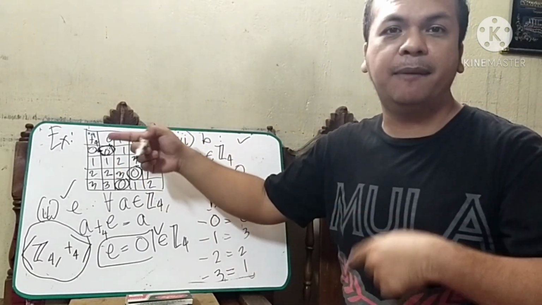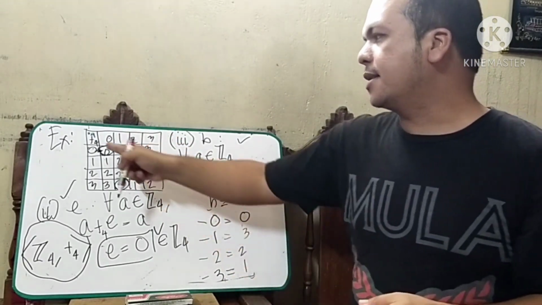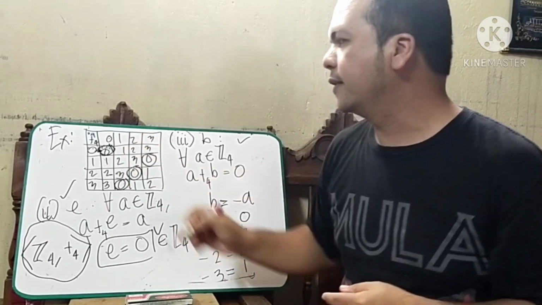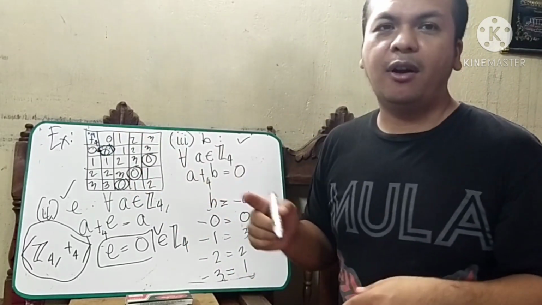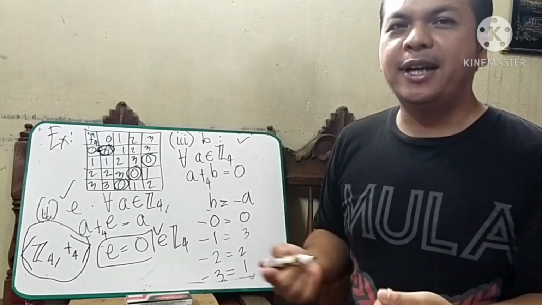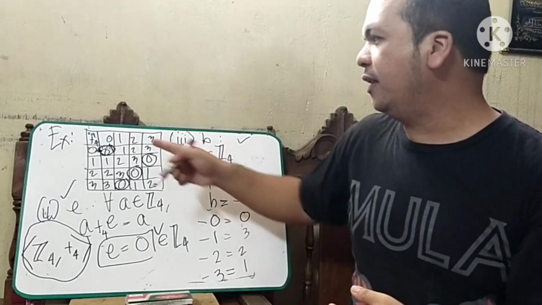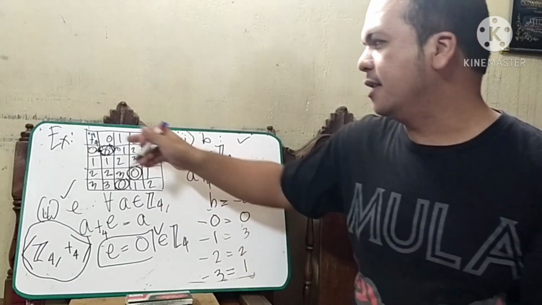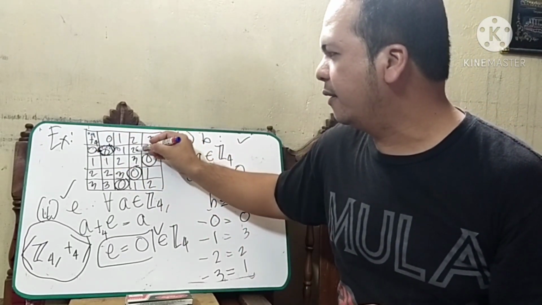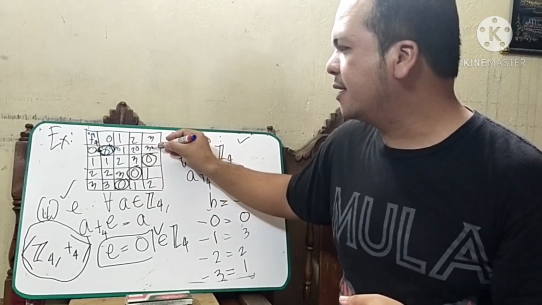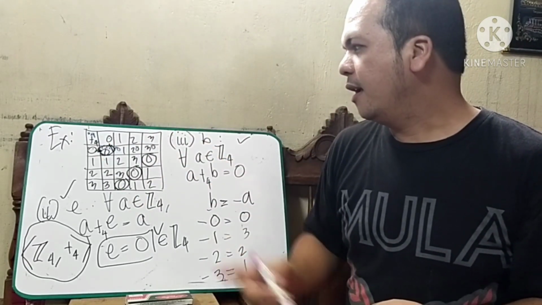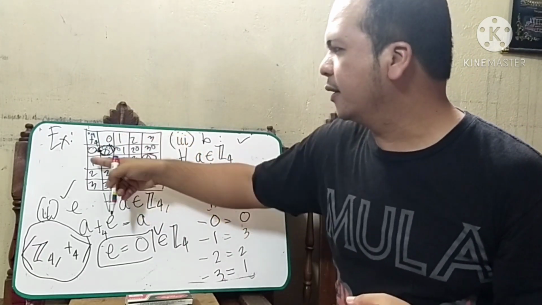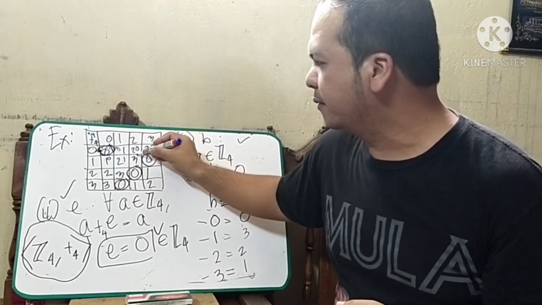Okay, so let's have some calculation here. 0 times 0 modulo 4 is 0. 0 times 1, because, of course, when a number is multiplied by 0, the product is always 0, even modulo 4. So, 0 times 2 is 0. 0 times 3 is 0. Next, 1 times 0 is 0. 1 times 1 is 1. 1 times 2 is 2.